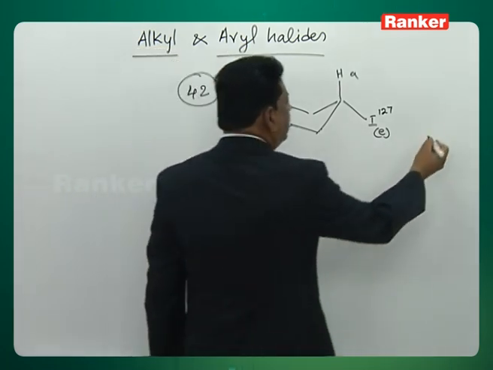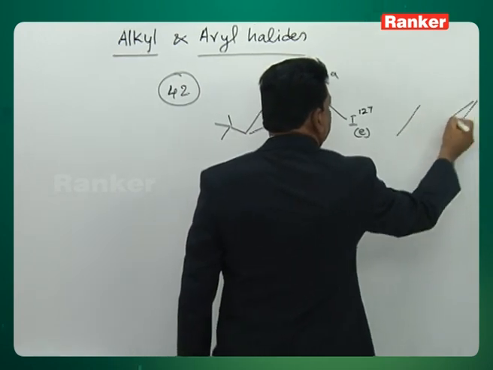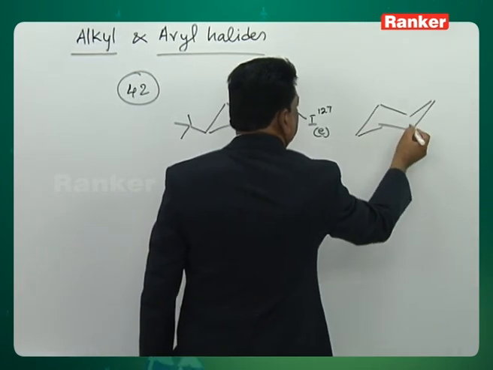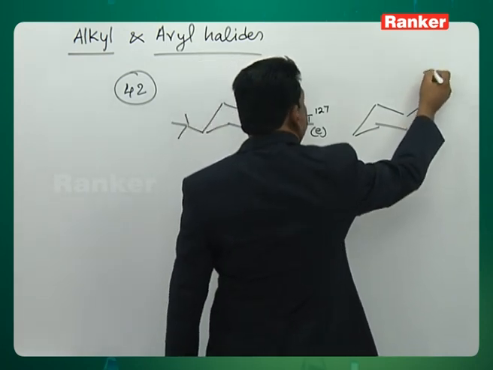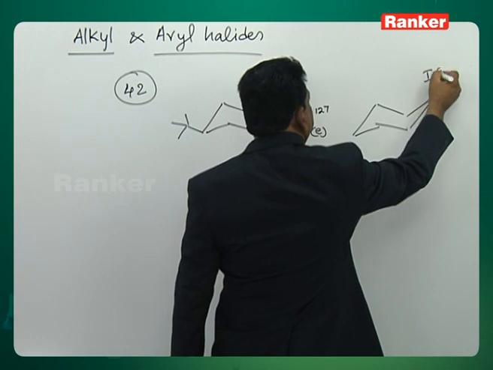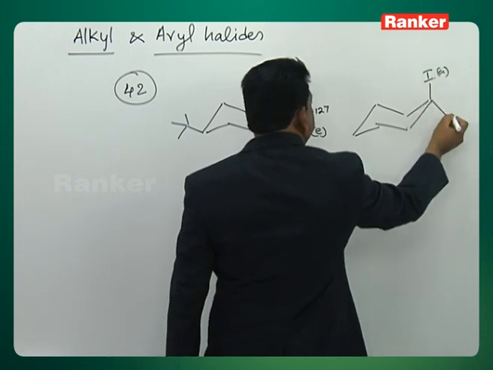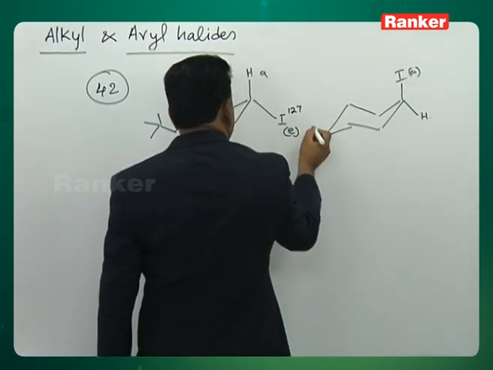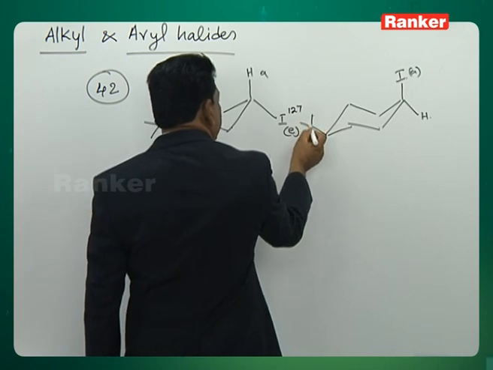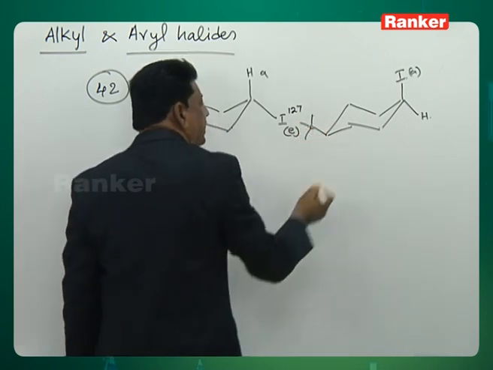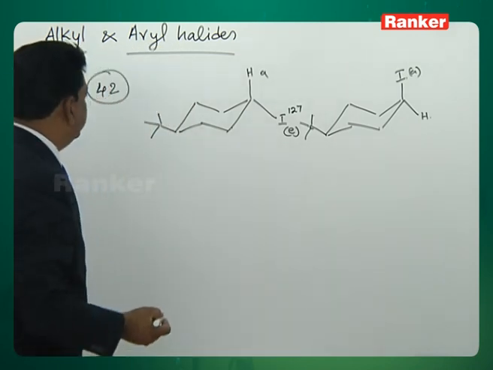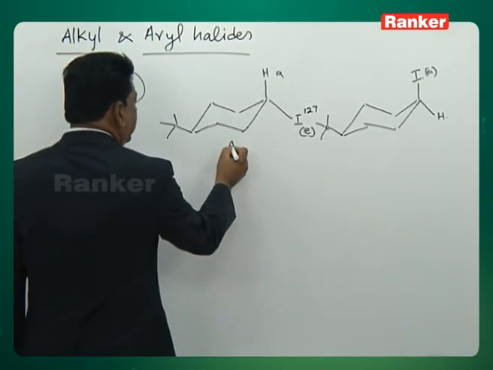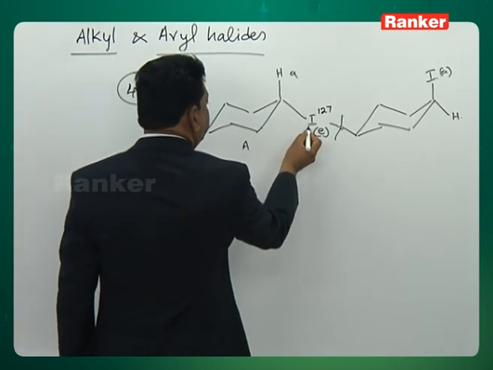The other compound is also very close. In this one, the iodine is axial and the hydrogen is equatorial. And in this case also a tertiary butyl group is added here so that the flipping will not take place. In the original compound A, the iodine is equatorial, which is the stable one.